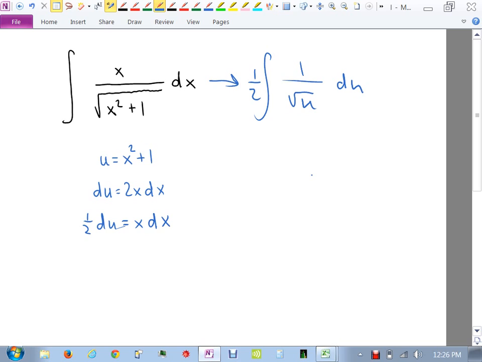My point being, we don't want to get too bogged down on any one technique. I assured you of this early on in the integration, that the challenge towards the end is not knowing which technique to apply. Is it just a basic substitution? Is it an integration by parts? Is it this? Is it what we're going to do next time, partial fraction decomposition? There are a lot of them.